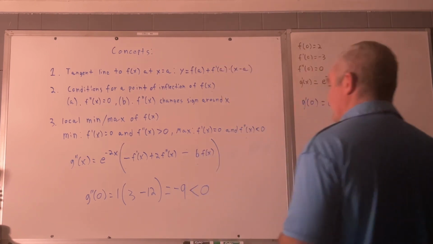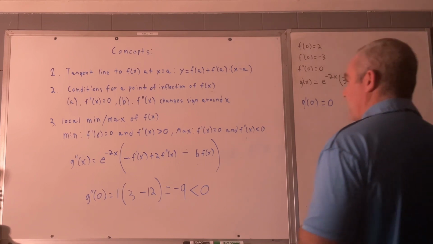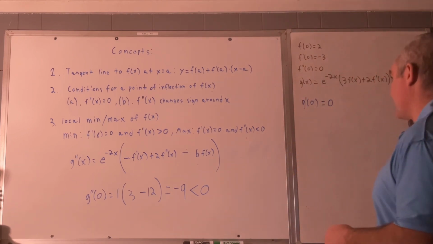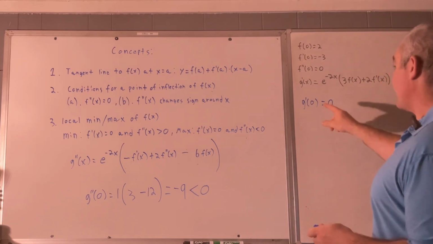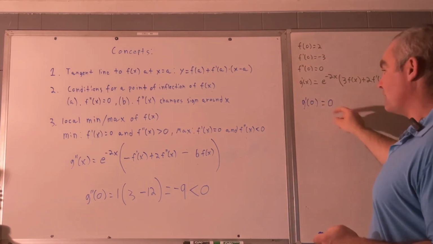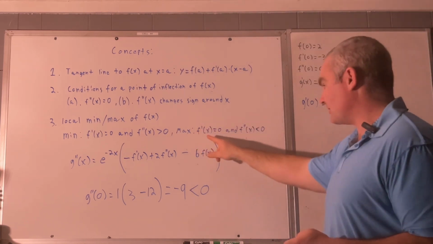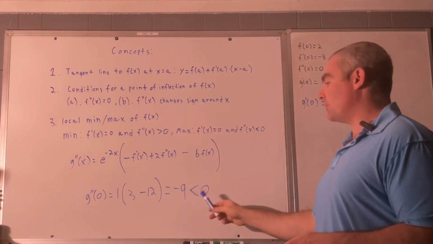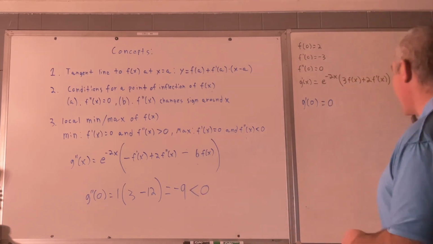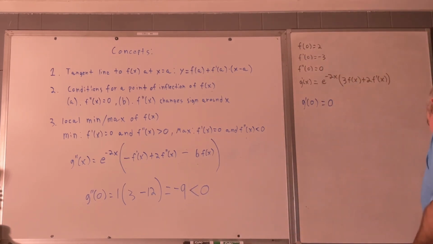So we have met both conditions for a local maximum at x equal to 0 for our function g. That g prime of 0 is equal to 0 is our first condition, and that g double prime of 0 is less than 0 because it's negative 9. So both conditions are met.